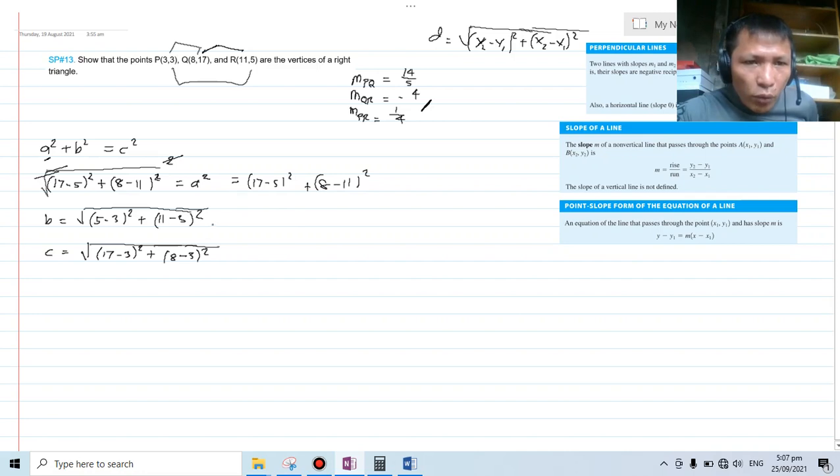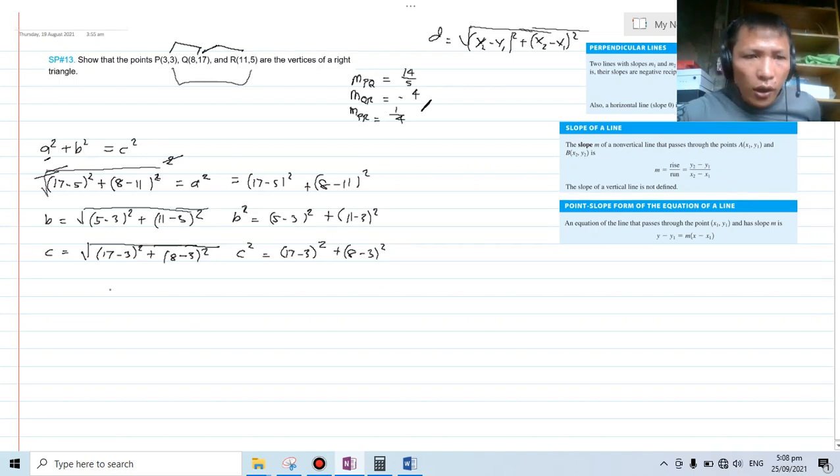B squared is 5 minus 3, squared, plus 11 minus 3, squared, and C squared is 17 minus 3, squared, plus 8 minus 3, squared.